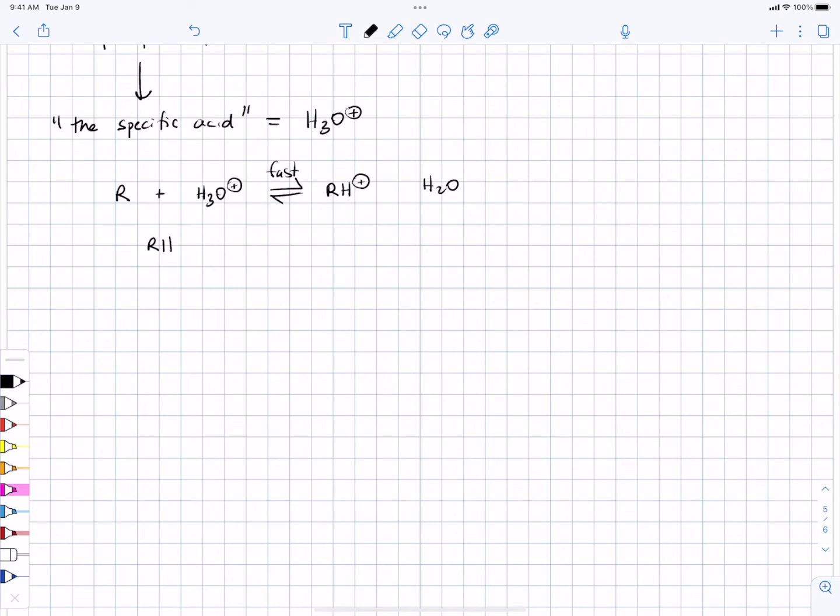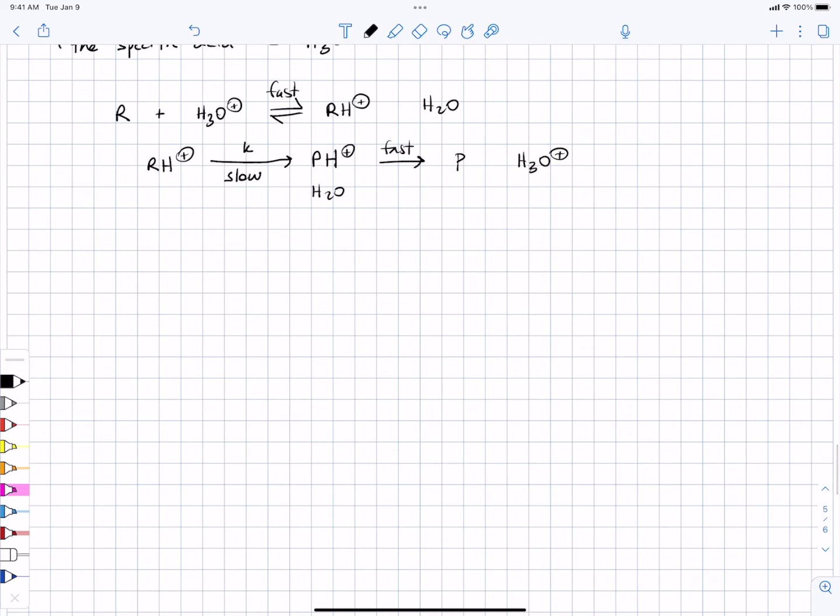Then, in a subsequent step, RH+, with some rate constant k, in a very slow step, will become protonated product, and then we'll have a fast step after that that releases product and regenerates H3O+.